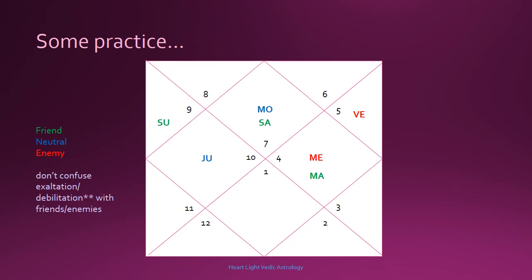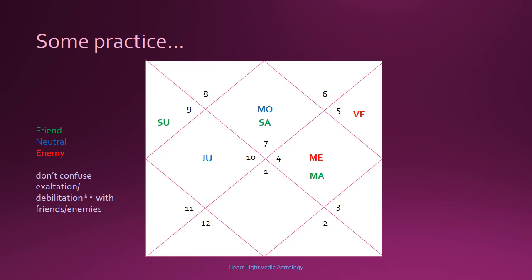So anything in Sagittarius or Pisces is either a friend or neutral, but not an enemy. Okay. Since the Sun plays by the two camp rules, and the first camp is Sun, Mars, Moon, Jupiter, Sun is in a friend sign here. So that's why it's colored green.